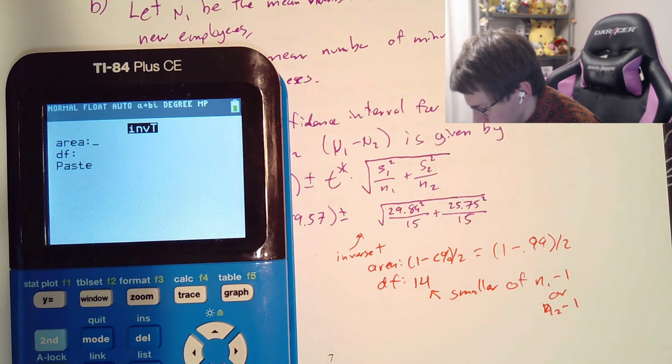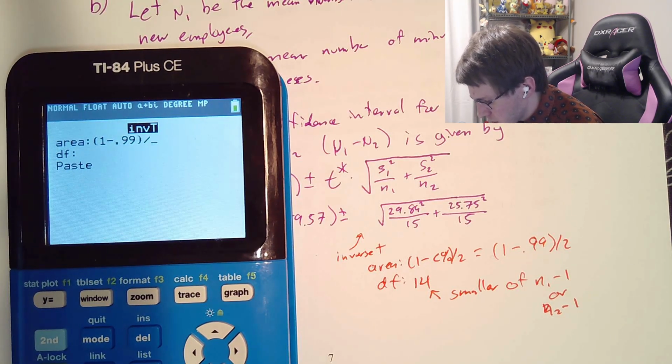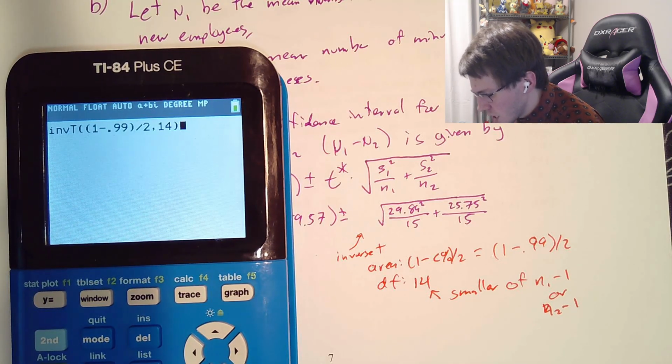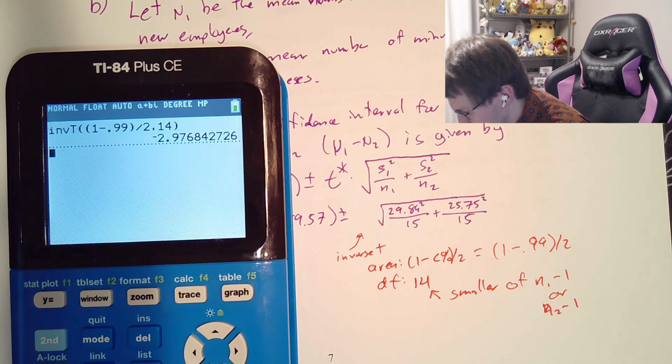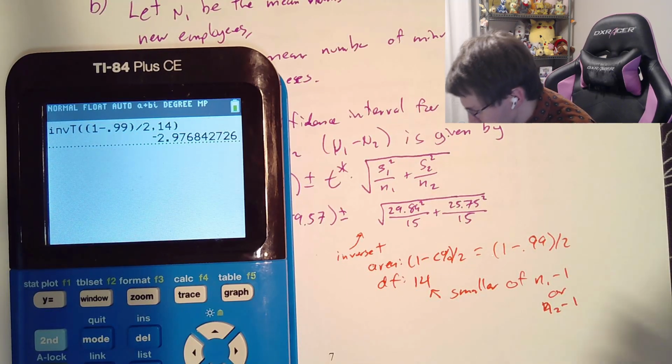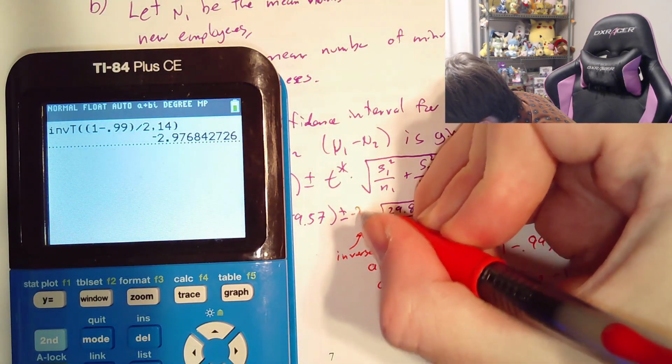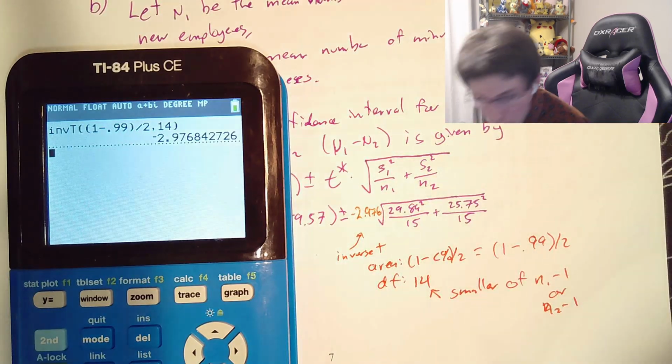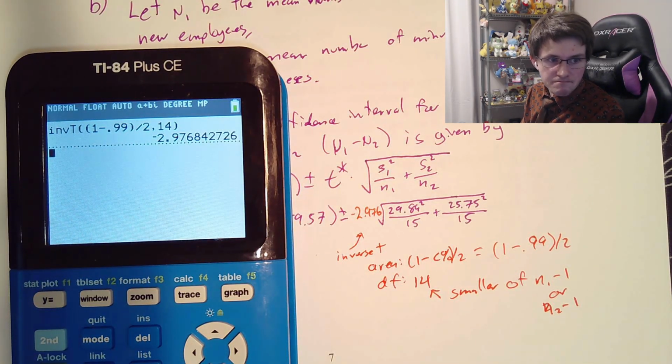So we have 1 minus 0.99 over 2, with degrees of freedom 14, and we get negative 2.976.